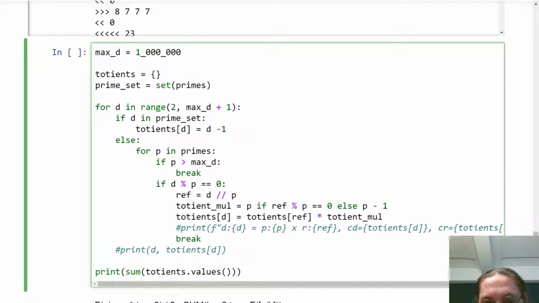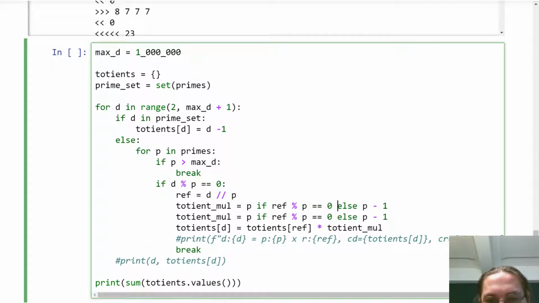But we should do p minus 1, then we do p minus 1 at the start. Yeah, but just do minus 1, else 0, and then plus, and not call it totient, but say dropouts.